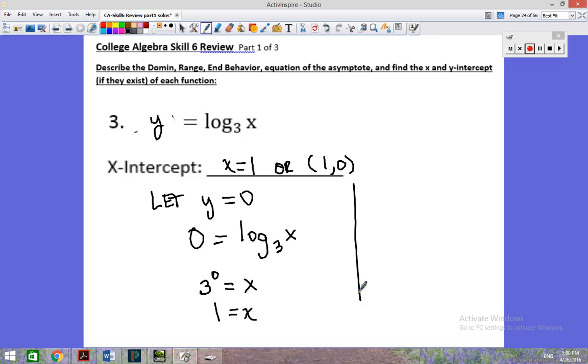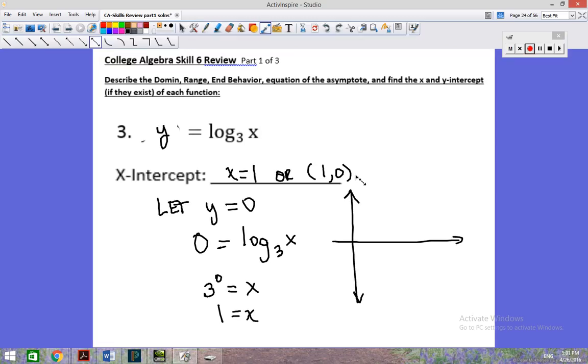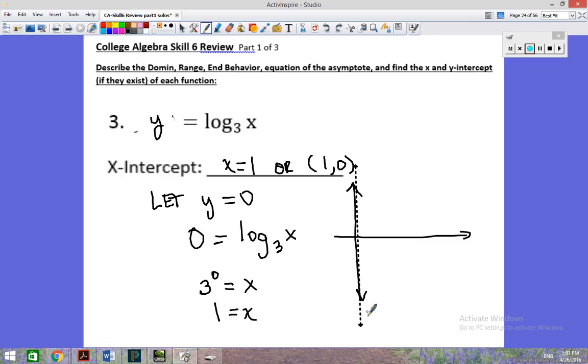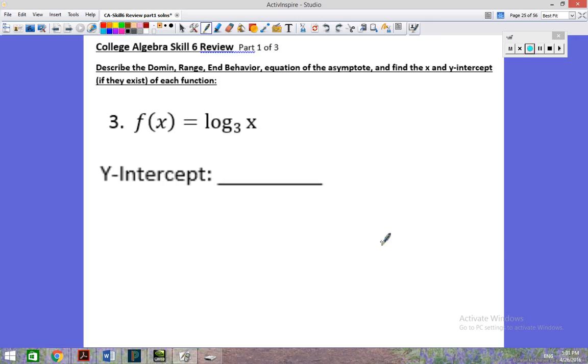So if we sketch the graph, we just got done saying that there is a vertical asymptote at x equals 0. Your graph gets closer and closer to that, but never touches it. It comes up and intersects the x-axis, and then it keeps going like this, and the coordinates of that point are (1, 0).